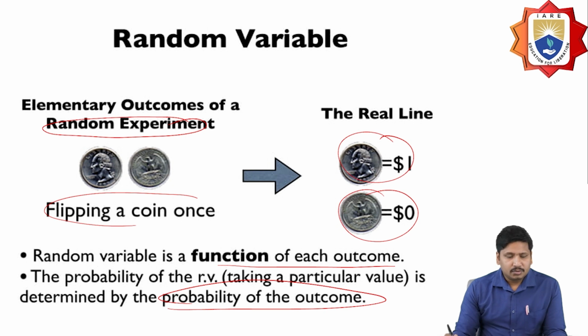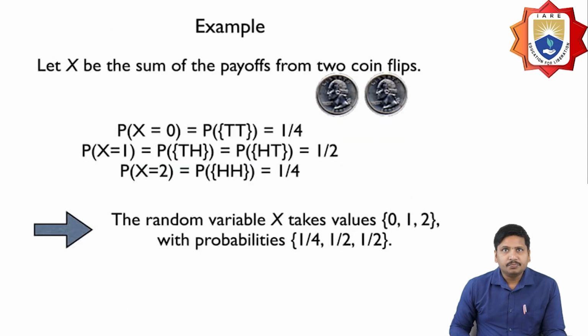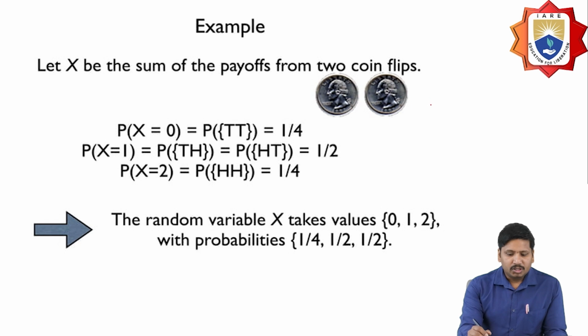And the probability of a random variable is determined by the probability of the outcome. For example, if I consider a coin here, what is the probability of getting two heads, what is the probability of getting two tails, and what is the probability of getting at least one head and at least one tail.